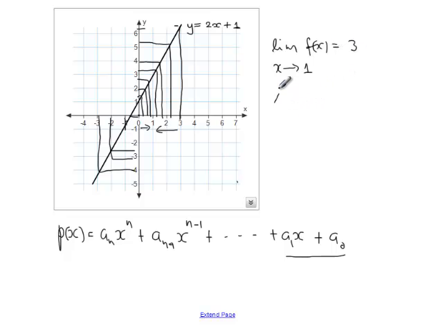But if you now take f of x as 2x plus 1 and evaluate it at that point where you are calculating the limit, you get 2 times 1 plus 1, and you can see that that is equal to 3. So that's where I'm saying, if a function is continuous at that point, then always the value of the function at that point and the value of the limit at that same point are going to coincide.